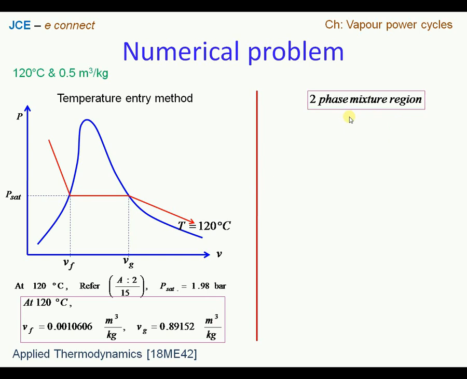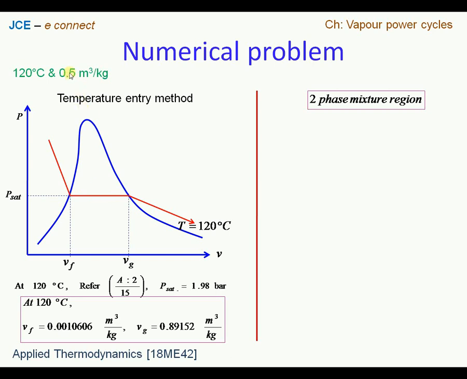Therefore this is the two-phase mixture region, and we also know that if the system is lying inside the dome, then there will be some dryness fraction associated with the system. Therefore one has to find the dryness fraction.